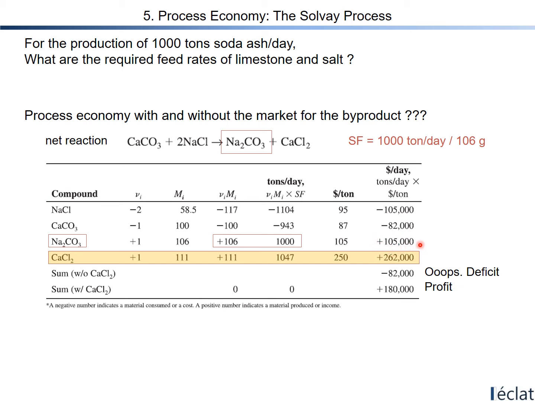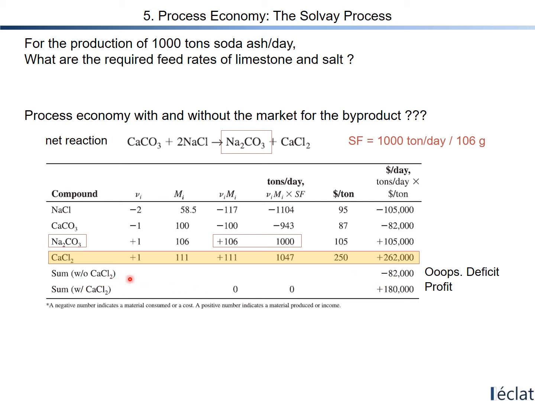So let me try to get the summation of those three things. At the very first time, we didn't think about the calcium chloride being valuable, so we just discarded the calcium chloride. This is an assumption. Then in that case, we need to sum those three things, and finally minus 82,000 without calcium chloride.